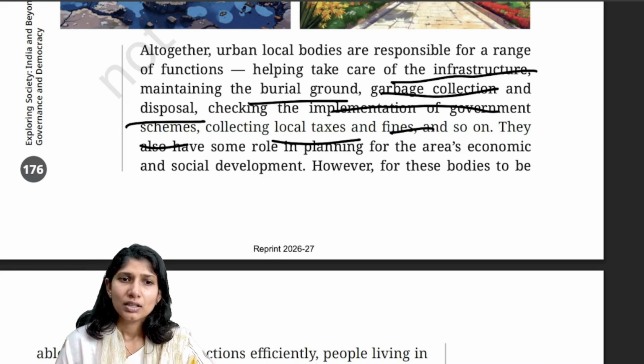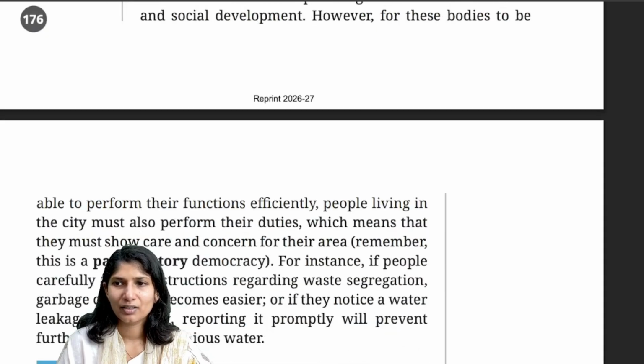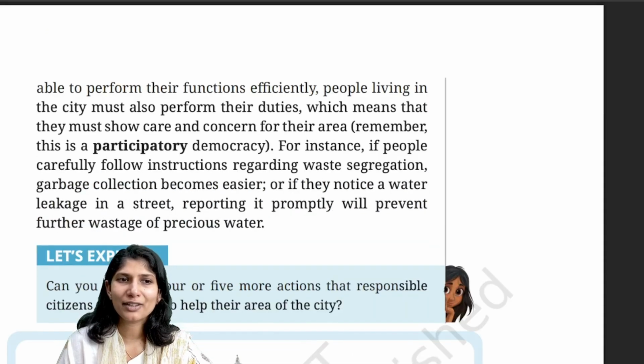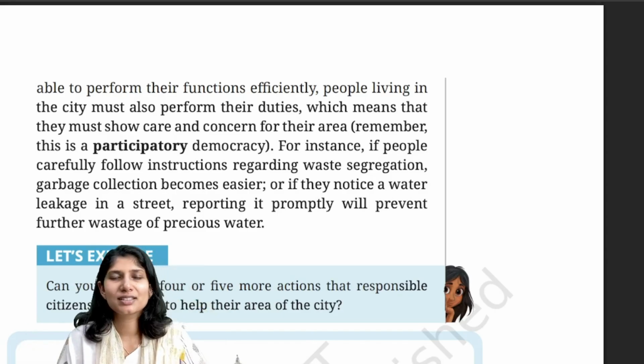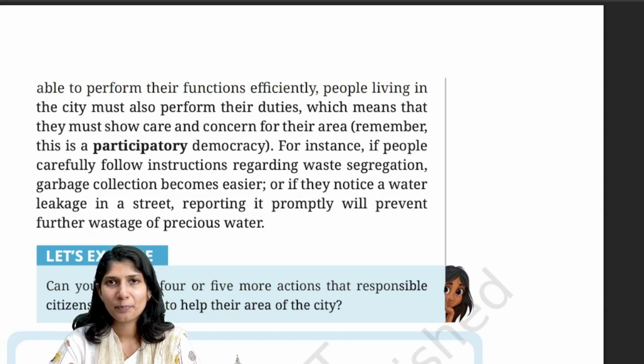Now, these bodies will be able to function and do their work properly only if people living in that city are also performing their duties well. Meaning how? Let's say, for example, certain cities have the concept of segregating dry waste and wet waste. If you are religiously following the segregation of dry waste and wet waste, it becomes easier for your garbage collectors also, right?